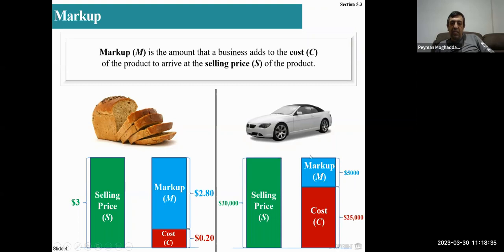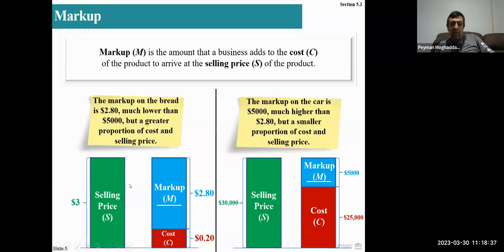Okay, so in the case of the bread, the markup is 2.8, which is much lower than $5,000 like for the car, but a greater proportion of the cost and selling price. So the markup proportion to the cost is like 14 times, and markup proportion to selling price is 90%. Okay, 90% of the selling price is markup.